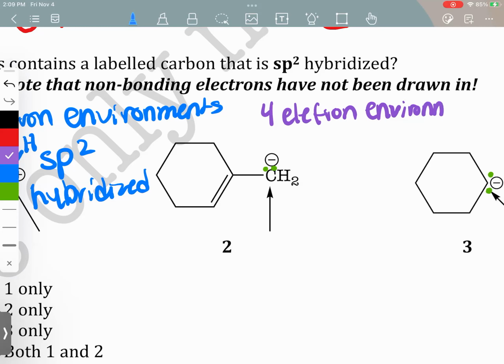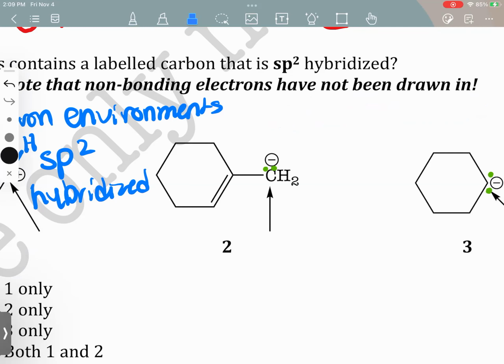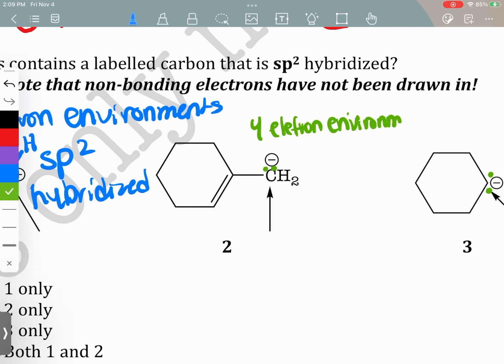But there's something special that can happen with this negatively charged lone pair here. What can happen? There's something that can happen with this negatively charged electron. I have no clue. I mean, it's more than carbon's 4, and now there's 5. So what I'm saying is, you have a lone pair here, right? But if you notice the whole molecule, you have a double bond nearby, and it's allylic.